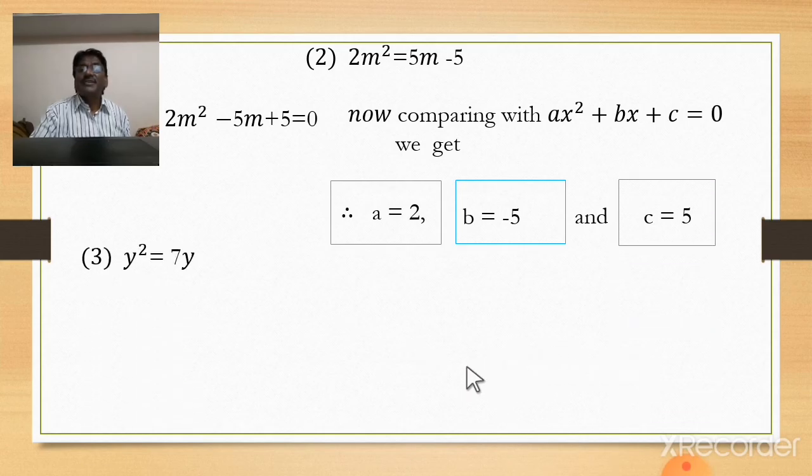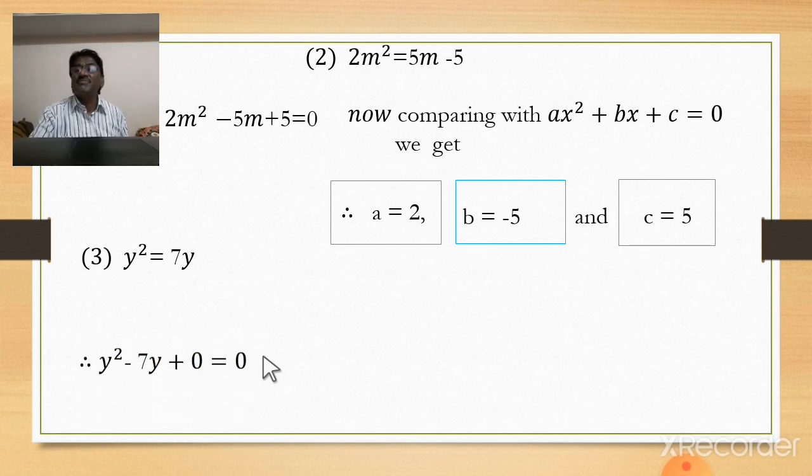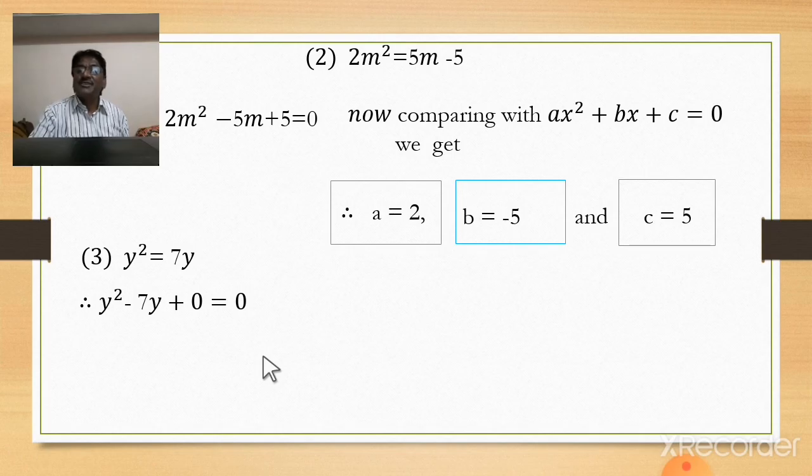Now, this is the third example. The third example is y square is equal to 7y. This equation is not in the form ax square plus bx plus c is equal to 0. Therefore, first we write this equation in the form ax square plus bx plus c is equal to 0. Then we get y square minus 7y plus nothing, means 0, is equal to 0. Now the equation is y square minus 7y plus 0 is equal to 0.